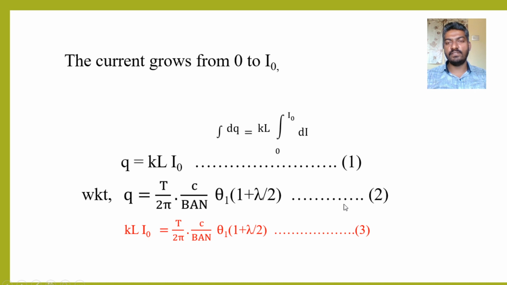Let us have this as equation 2. Now we have two equations, 1 and 2. Left hand sides are equal, so we can equate right hand sides. By equating we get KL I0 is equal to T by 2π C by BAN θ1 into 1 plus λ by 2. Let us have this as equation 3.